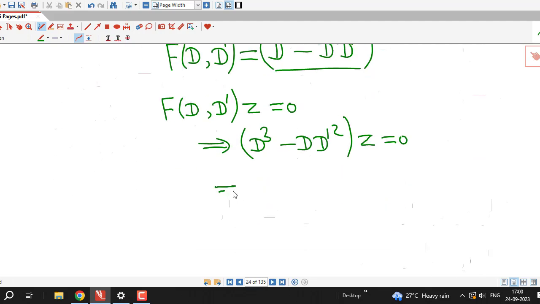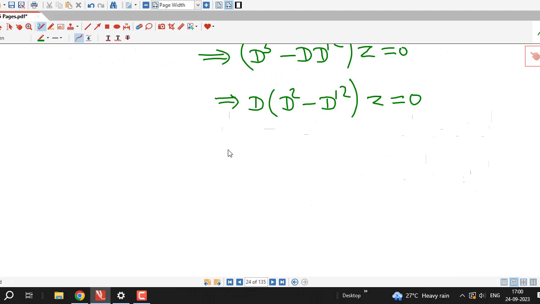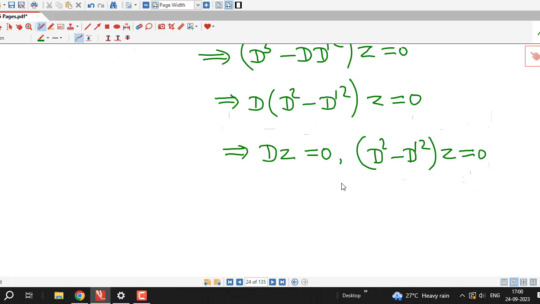This means I can rewrite this as, if I take D common, D times D square minus D dash square z equal to 0. And now from this I can write that I can have Dz equal to 0 and D square minus D dash square z equal to 0.